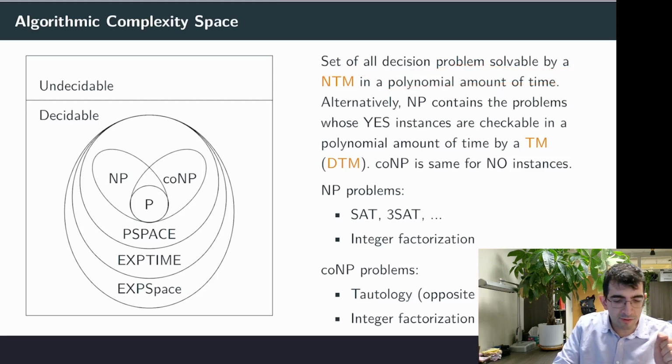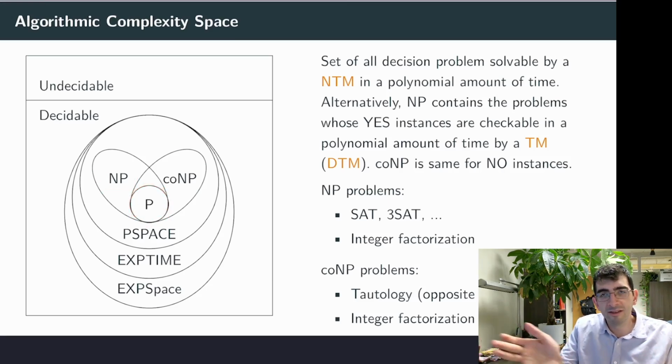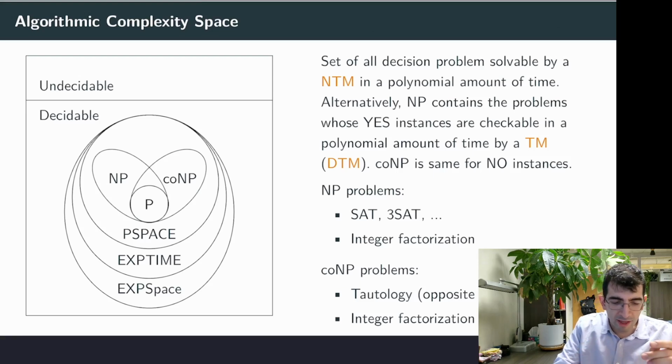This certainly includes the complexity class P, because P is simply all the problems that are solvable by a deterministic Turing machine in polynomial time. So a non-deterministic Turing machine would have an easy time solving any P problems. But also there are a bunch of problems that a non-deterministic polynomial machine could solve very rapidly.